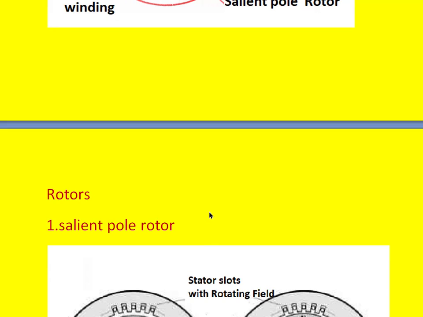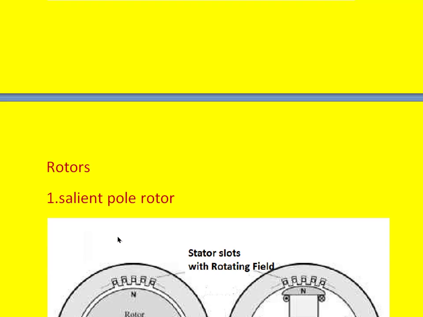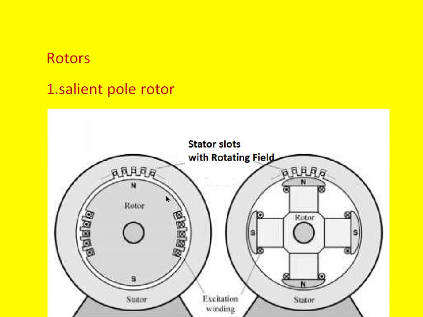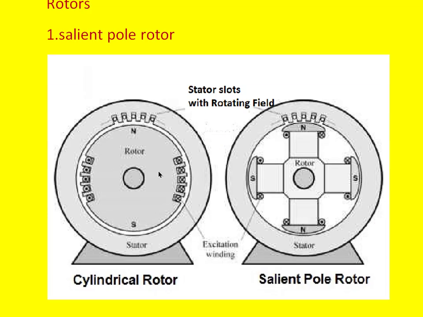Coming to the types of rotors, there are two types. One is called the salient pole rotor, the other is called the wound rotor. This is the wound rotor, also called the round rotor or cylindrical rotor.